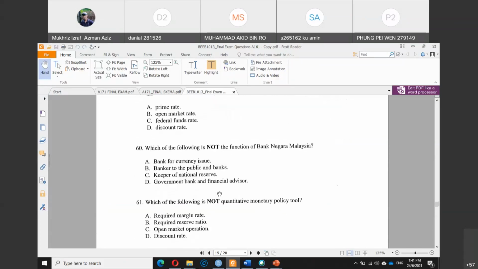Okay, and then question 60. Which one is not the function of Central Bank of Malaysia?